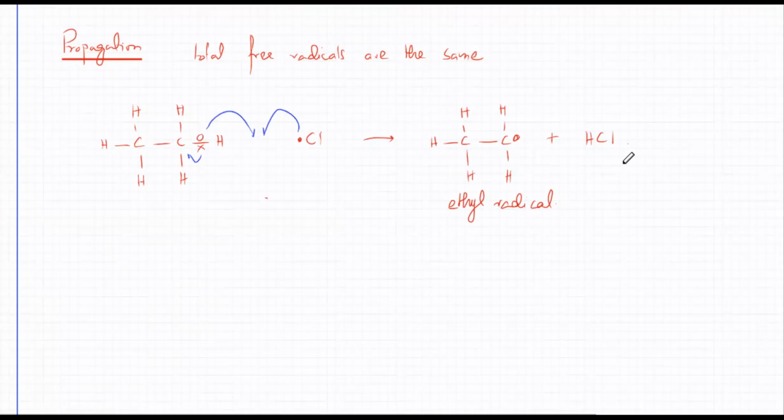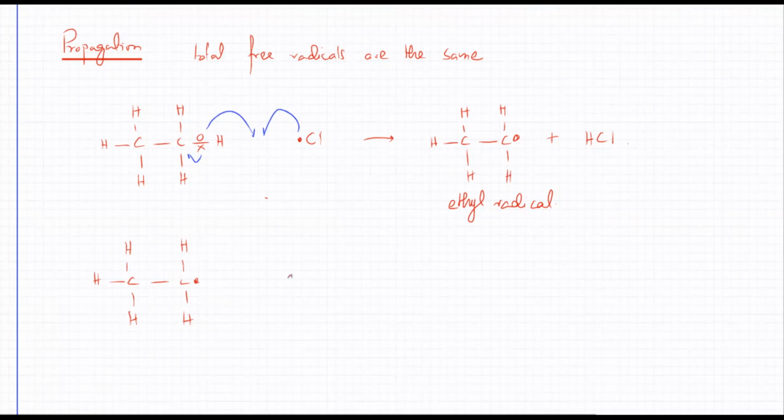Okay, anyway, so you've got this first step number 1. Now you have an ethyl radical at your hand. That's very reactive because carbon is short of a bond. So carbon will try to gain electrons from somewhere. At the moment, carbon is short of 1 electron.